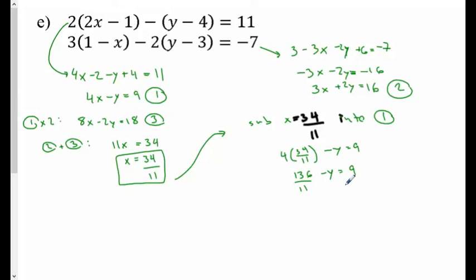So instead of finding a common denominator for this, let's multiply everything by 11. Remember, you have the option to do either one. Every other time I've found a common denominator, so this time, I'm going to multiply every term by 11. So that'll give me 136 minus 11y equals 99.